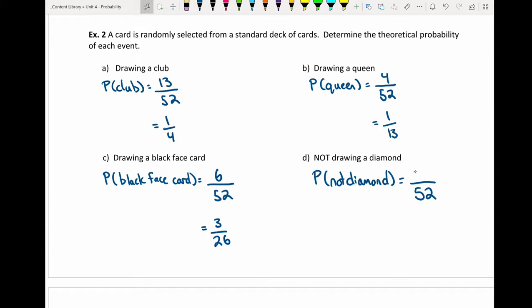So you could do 3 times 13, and you get 39. So 39 cards are not diamonds, so we have 39 successful outcomes. We can reduce this to 3 over 4, which makes sense because there are 3 suits out of 4 that are not diamonds.